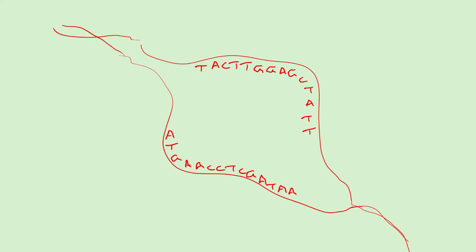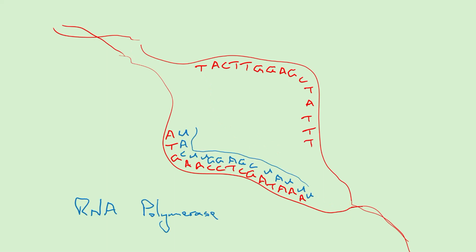Let's just have a really quick look. We start with our double-stranded DNA molecule, and that gets opened up in much the same way as for DNA replication. DNA polymerase 3 would come down and replicate the DNA. Well, in this case, instead of DNA polymerase, we have RNA polymerase because we're making an RNA molecule. The difference between RNA and DNA, well, there are a few differences.